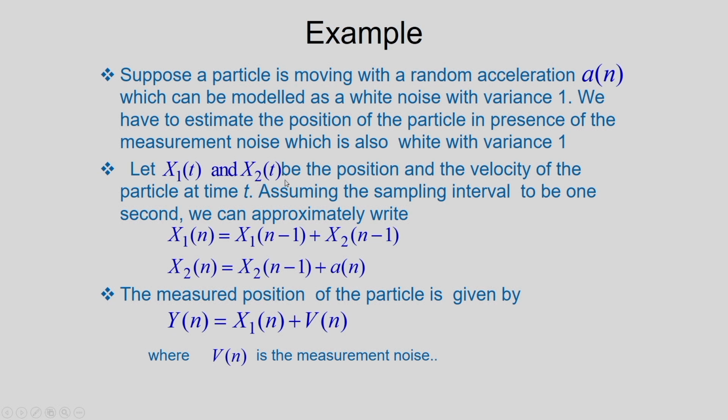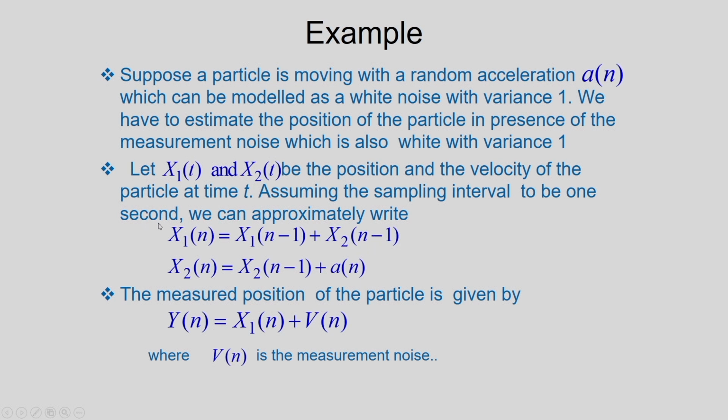Let x1 t and x2 t be the position and the velocity of the particle at time t. These two will be the state variables. Assuming the sampling interval to be 1 second, we can approximately write, that is, position x1 n at time n is equal to x1 n minus 1, that is the position at time n minus 1, plus distance travelled in 1 second, that is x2 n minus 1, that is the velocity, multiplied by 1.